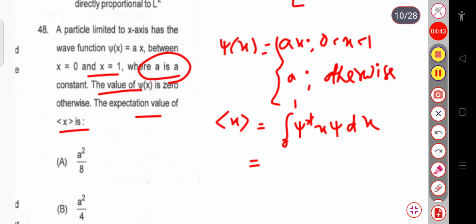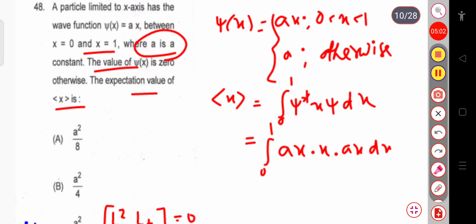So here basically we will calculate, psi star is here ax, so this is integration 0 to 1 of ax star, or simply I can write ax into x into, in place of psi again, ax dx.